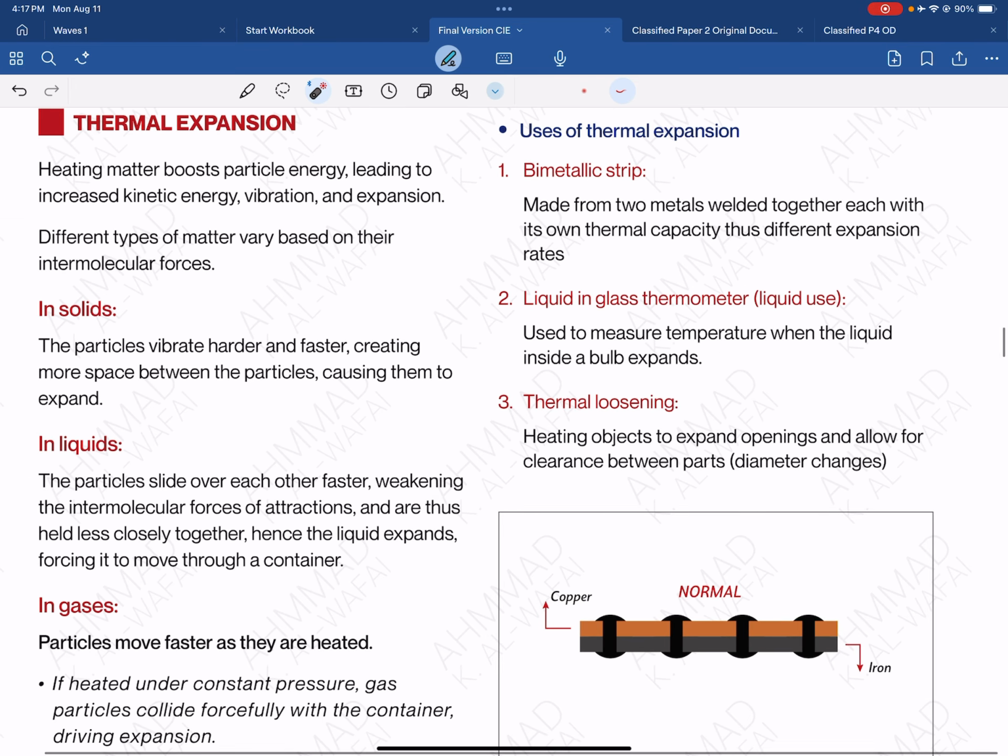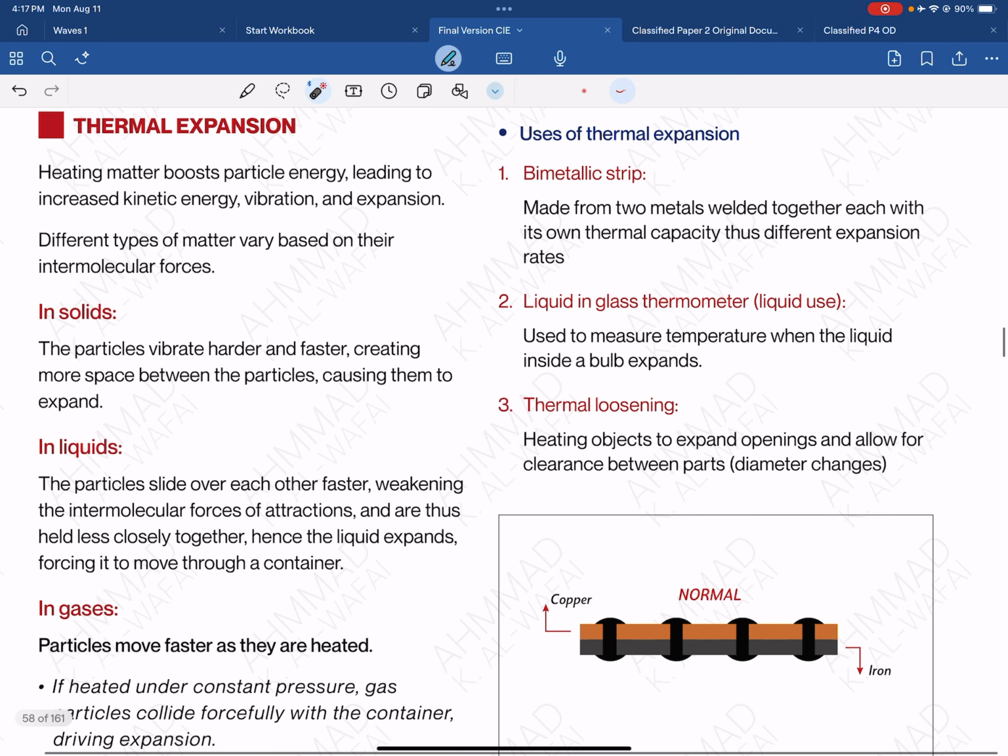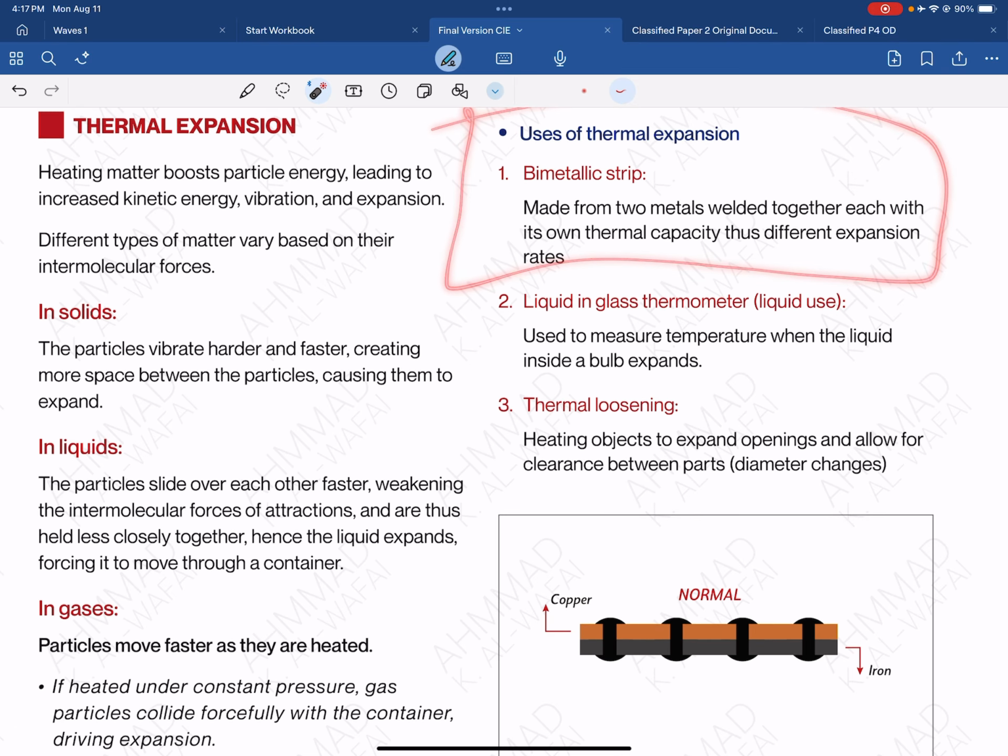Now, a bimetallic strip is the one they're going to ask about in Cambridge. Excel doesn't really support the bimetallic strip, but it's a good way to know it. Thermal expansion is also used in thermometers. This was in the old syllabus. It's good to know as well.